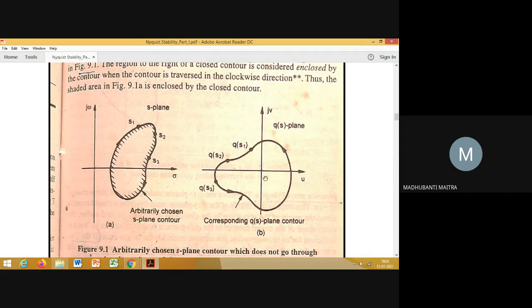And the third point of concern is in which direction the Q(S) plane contour encloses the origin. Now, if I take this particular direction, then you see that this contour on the Q(S) plane does enclose the origin, and it encircles the origin only once, right? And it encloses the origin once in the counterclockwise direction, isn't it?